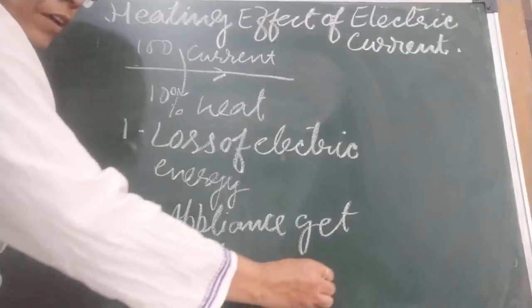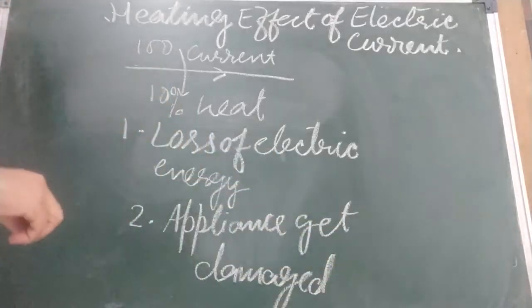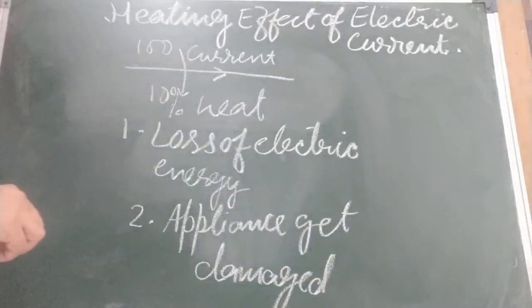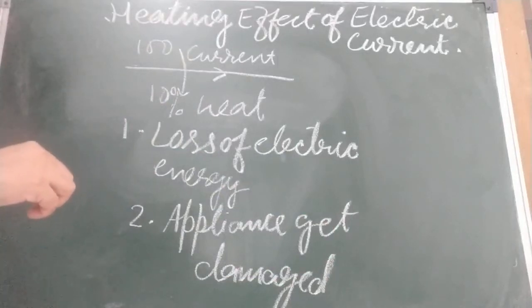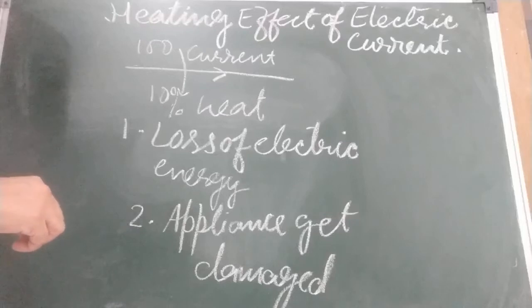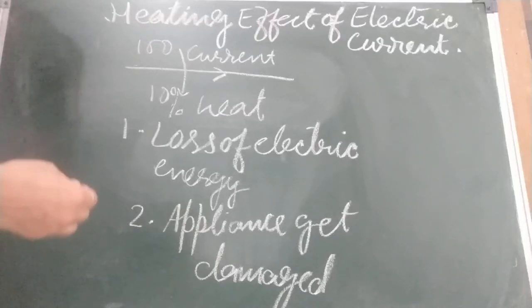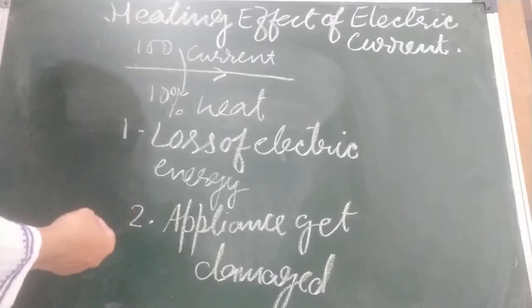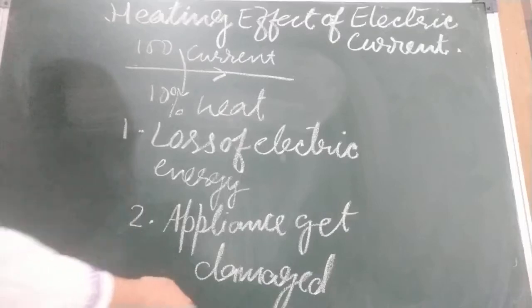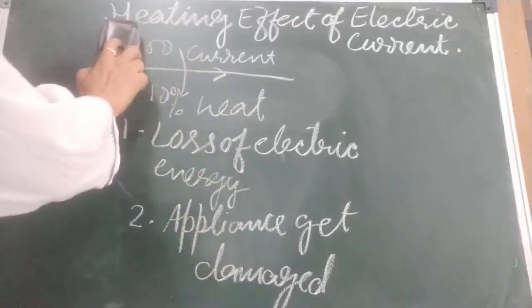So in one way this is a disadvantage for us. But this disadvantage scientists have converted into advantage. How they use it in daily life, we are going to discuss one by one.